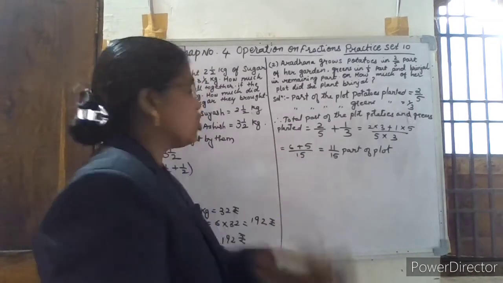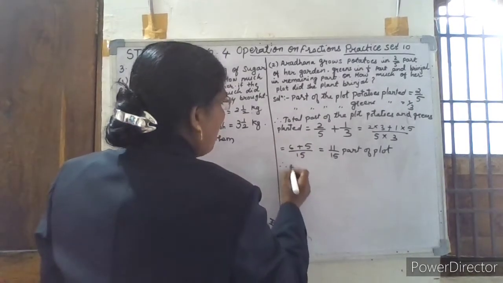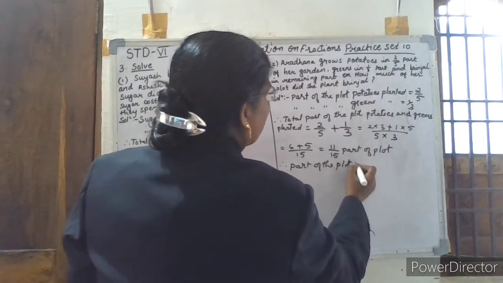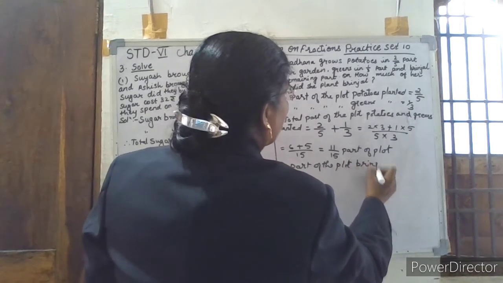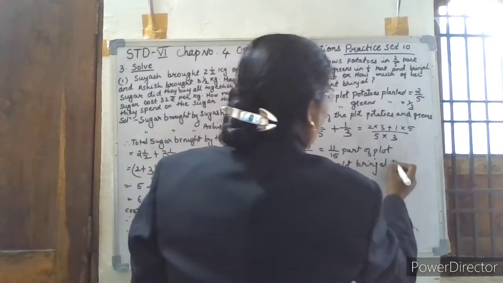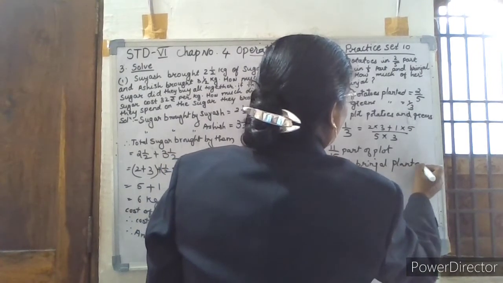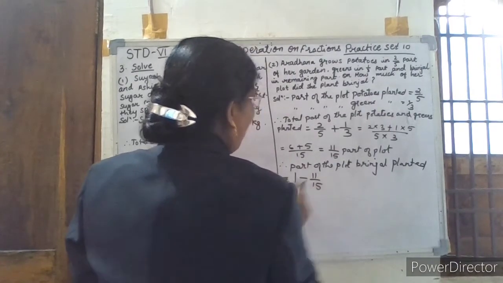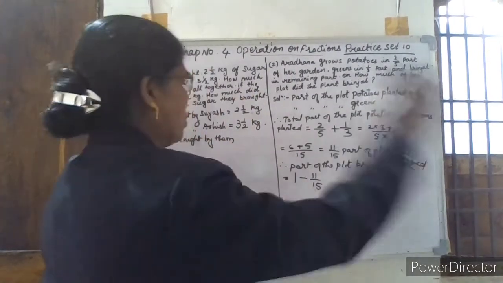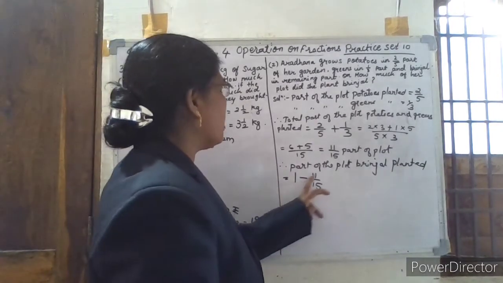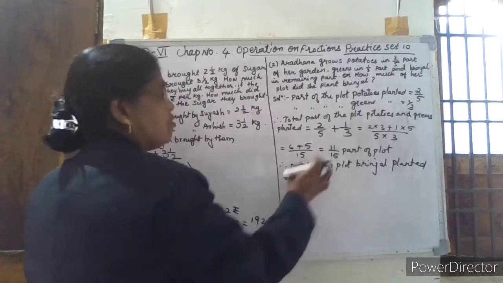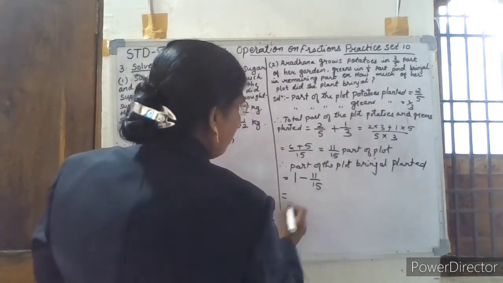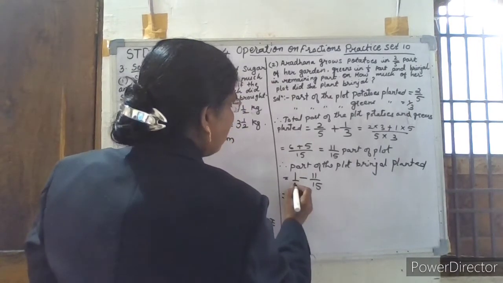So part of the plot brinjal planted will be equal to 1 minus 11 by 15. 1 is considered as the whole plot. So one whole number minus 11 by 15, which is the total of potatoes and greens planted. So we take this whole number and make it into a fraction by putting 1.